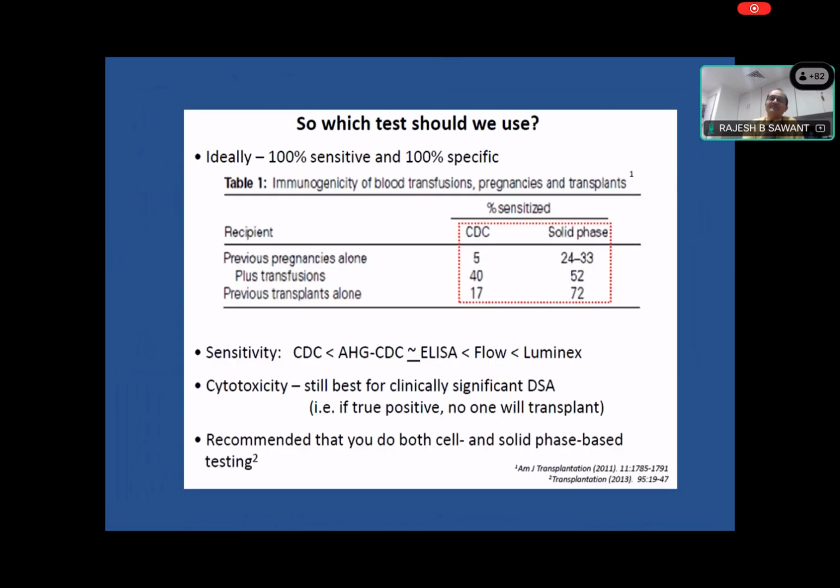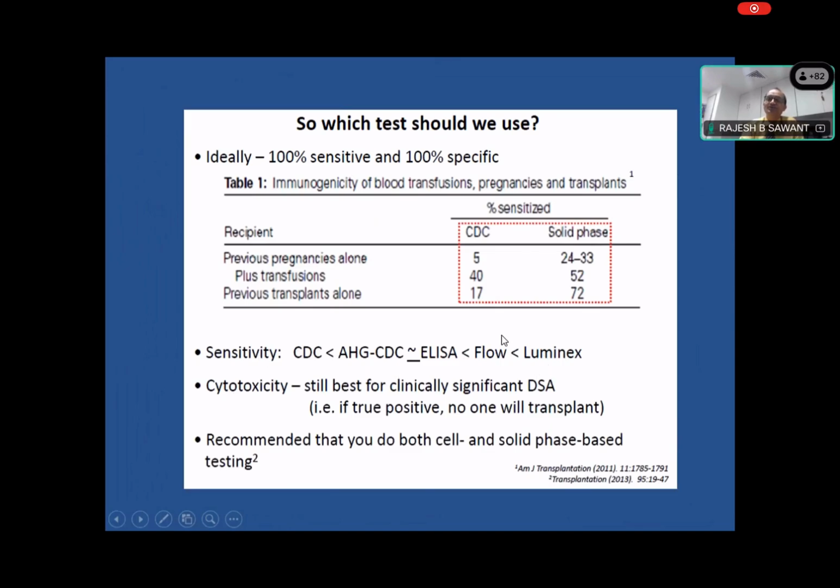So basically, we come to the $1 million question: which test should be used? Here, what you should remember is the level of sensitivity. As we say, the mandatory test is the CDC cross match even today, but you can enhance the sensitivity by adding AHG to your CDC cross match. And then if you have a flow based cross match or a Luminex based cross match, the sensitivity will be much better.